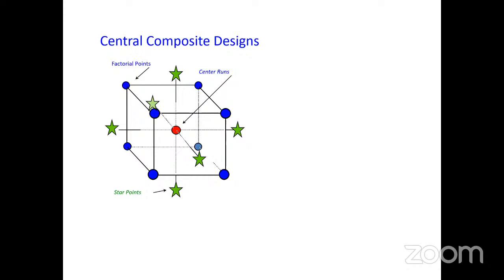So CCD is one of the most widely used designs for higher order, because the number of experiments is low, but you get more information about the process which you are studying. But when you do only 15 experiments, that's the greatness of this particular design. This is called central composite design.